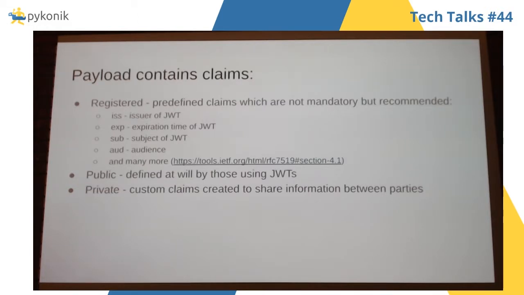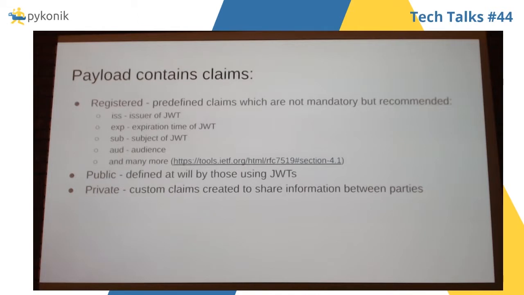We can provide in them the expiration date, the issuer, who is the subject of this JSON Web Token, etc. There are also public claims, something that is used for some public API or public data.